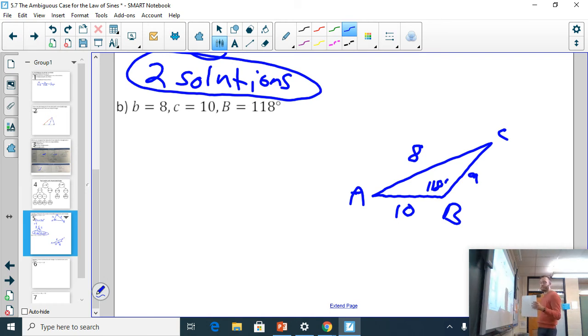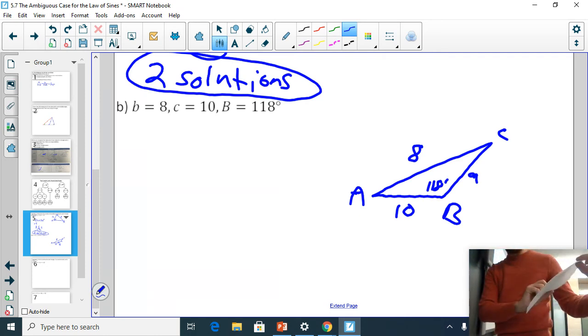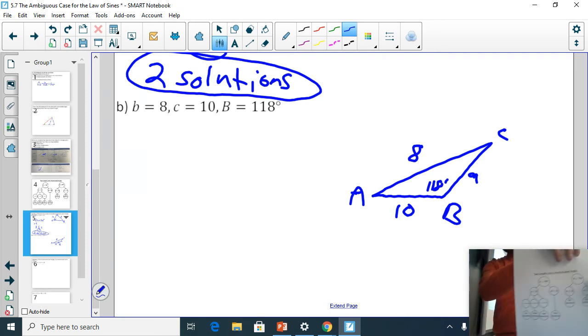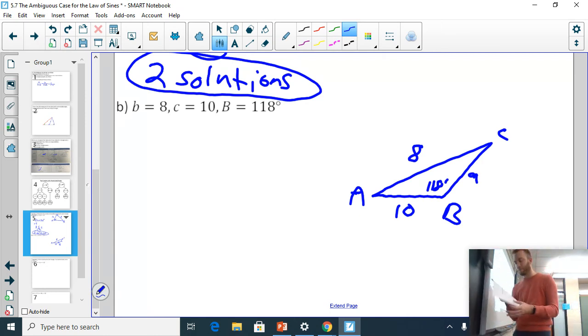So B is 118 degrees, which is greater than 90 degrees. So we're going to follow the right side of the flow chart, which is a much nicer side to work with. Then it simply asks, is a less than b or is a greater than b? What we have to keep in mind is that our a is now b and our b is now c, right?